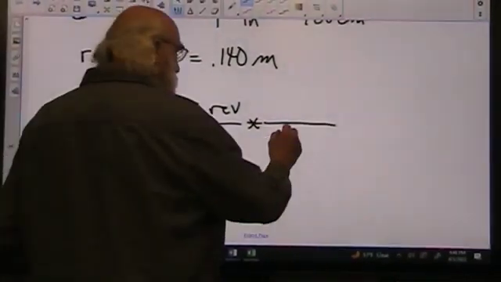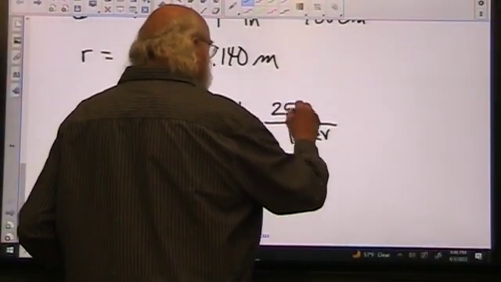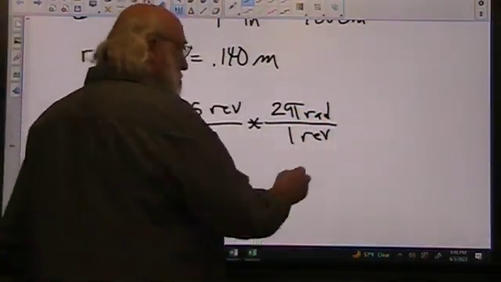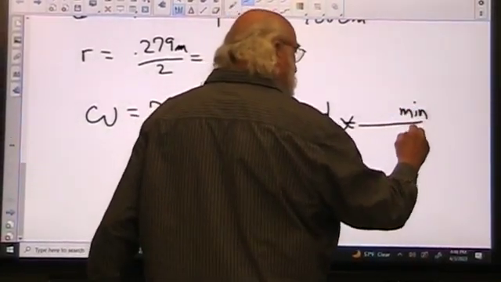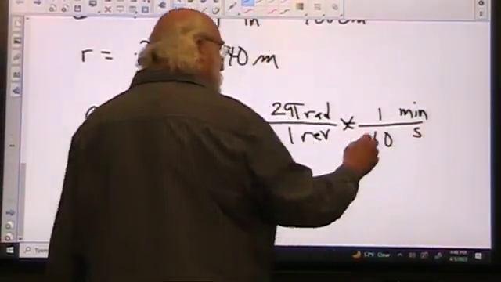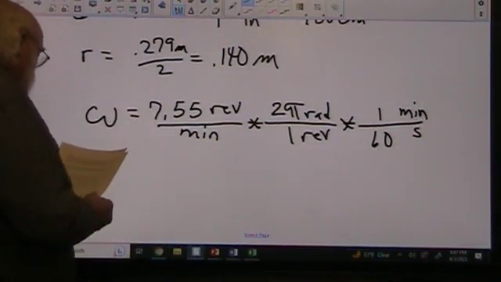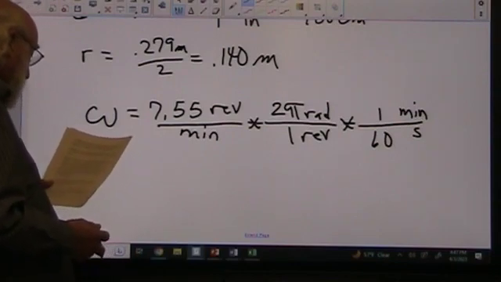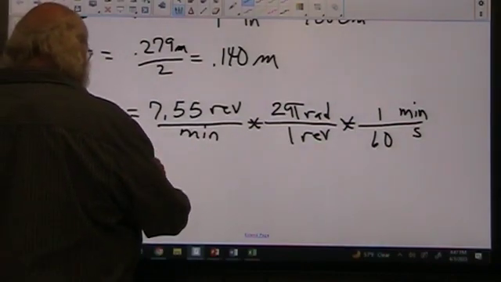And 1 revolution is equal to 2 pi radians. And then we need to change the minutes over to seconds, put minutes on top, seconds on bottom, 1 minute, 60 seconds. So now all the labels cancel out to leave us radians per second. And we're going to punch that out and get that into 3 sig figs.